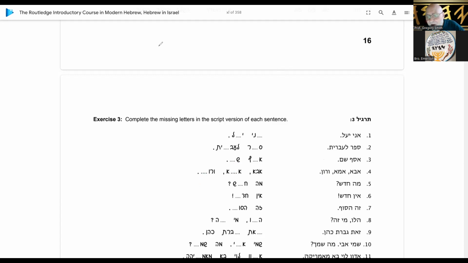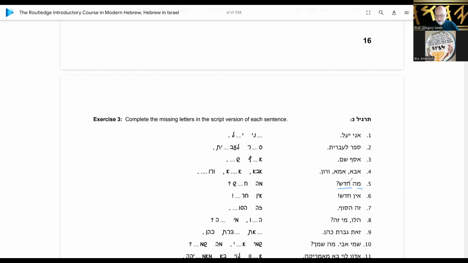Okay, so now we have number 5, Ma Hodesh. Now Kodesh is usually set apart or holy. Ma Hodesh. It could be Hadash. What's new?